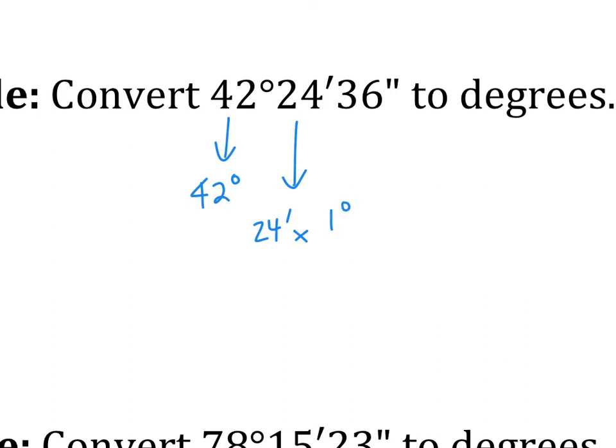Yeah, 1 over 60, 1 degree over 60 minutes. All right, change it into this. 0.4. Okay, 36 seconds.